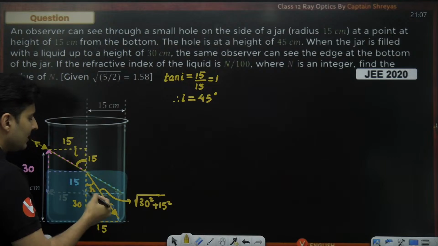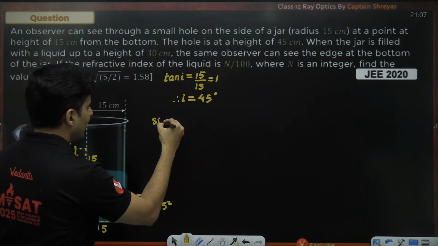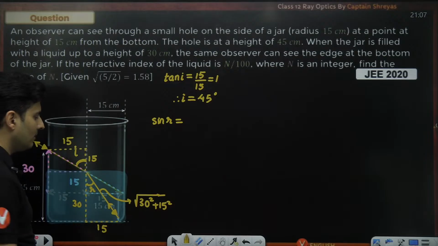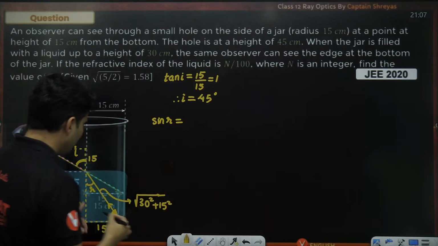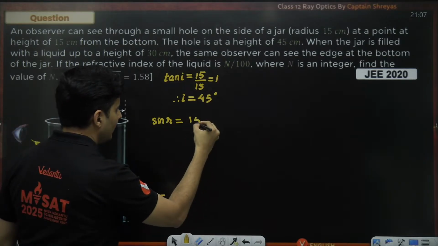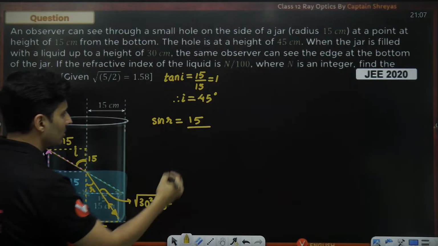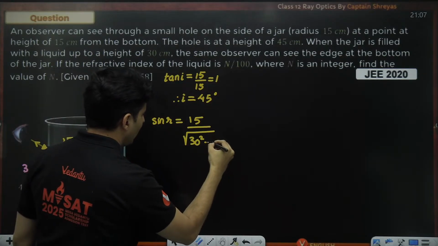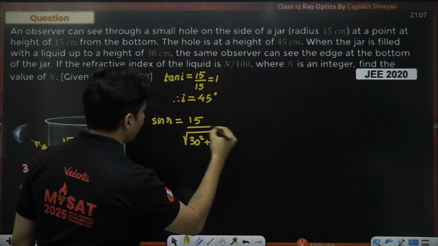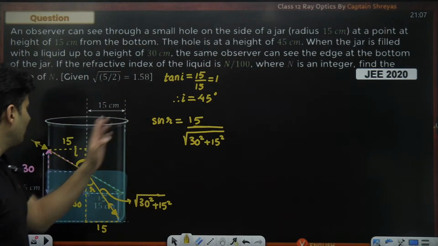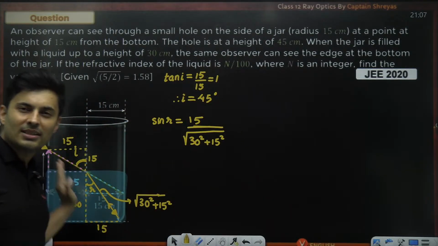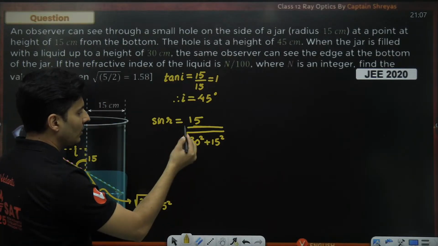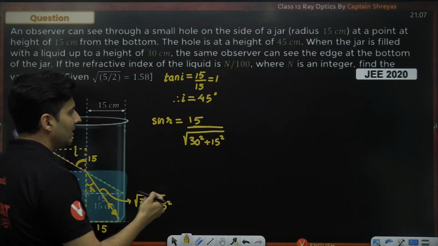Because I need sine R. Since R won't be a standard angle, I can sense that very easily. So sine of R will be the opposite side, which is 15, divided by the hypotenuse, which is the root of 30 squared plus 15 squared. Here I did not do sine for I because it's obvious that it will be 45 degrees, as the sides were equal. Here it is obvious it will not be a standard angle.